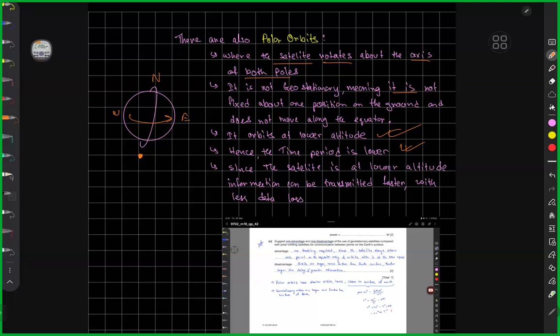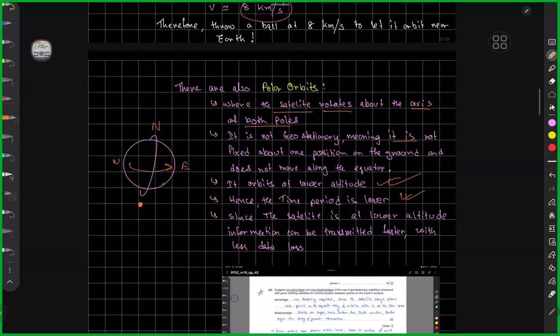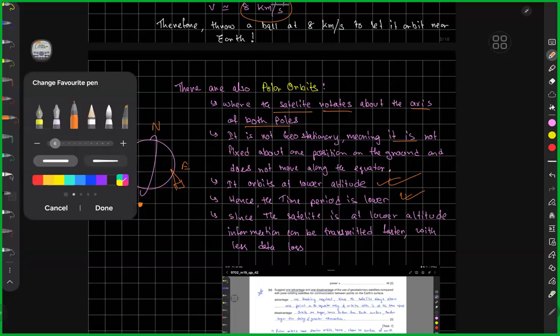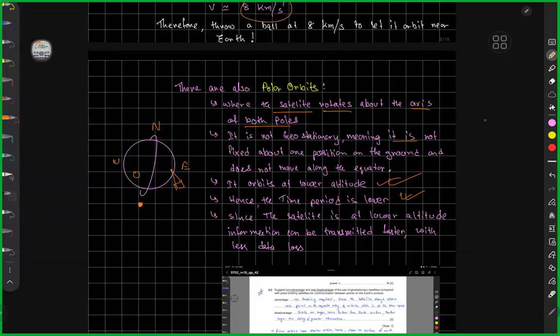If it was along the equator, what would happen? If I wanted to complete the orbit in less time, and I have a satellite already fixed to this point on Earth, and I have another satellite whose time period I have decreased, it will go around Earth and barge in with this satellite as well.